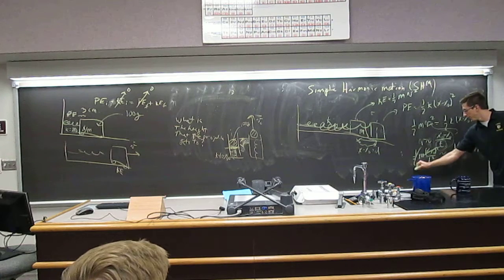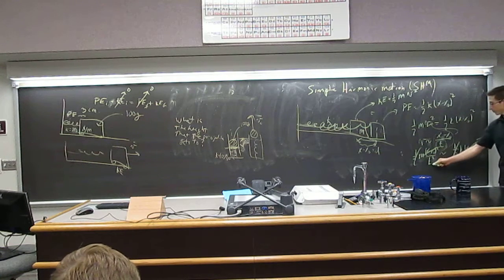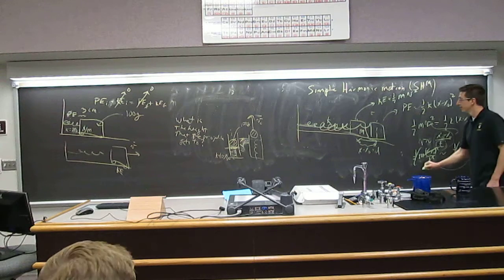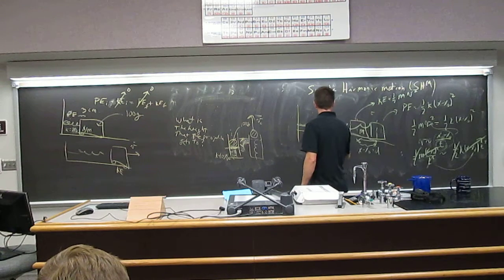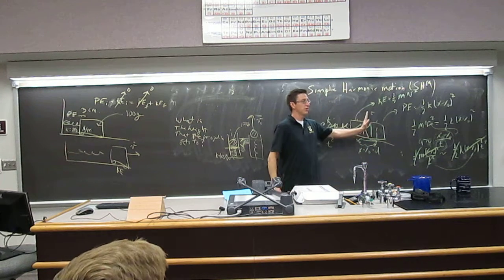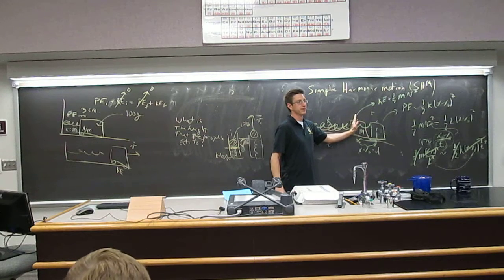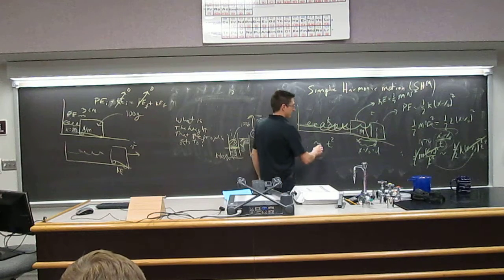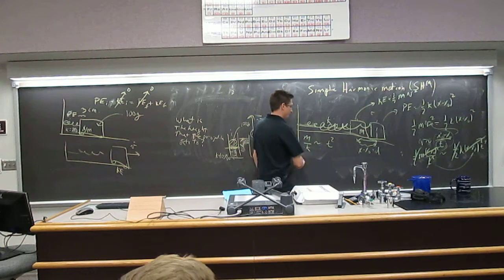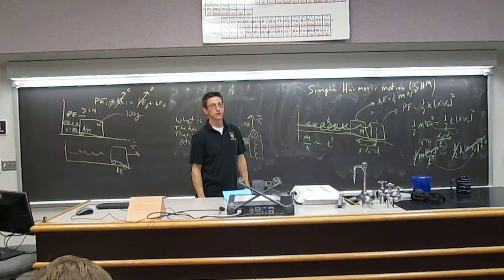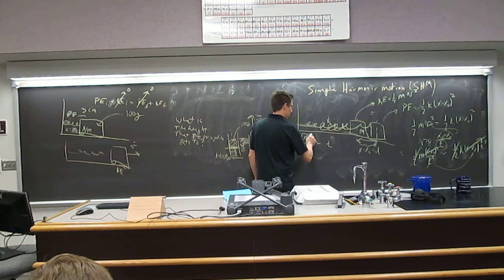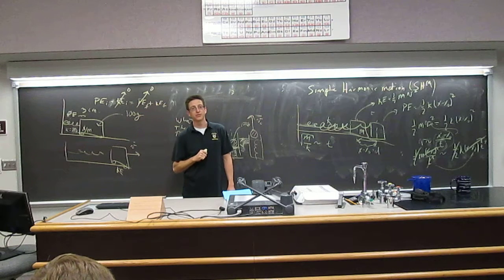I can also get rid of that 1/2. And I can bring this t over to here, like that. So what I end up with is that t squared, which is a time on the order to go from here to here, is something like m over k. So t would be something like the square root of m over k.